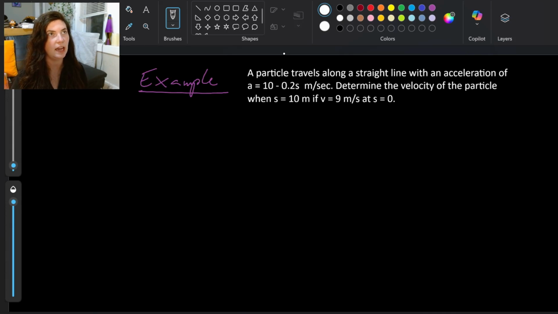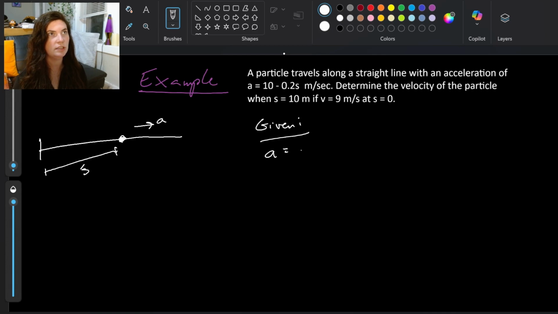So in this case, we have some particle, it's traveling along a straight line, and we're given this acceleration relationship. Okay, so here's my particle. It has an acceleration that is in terms of position, so whatever that position is matters. Given acceleration is 10 minus 0.2 times s, and that's in meters per second. Oh, meters per second squared, sorry. Meters per second squared is our acceleration.